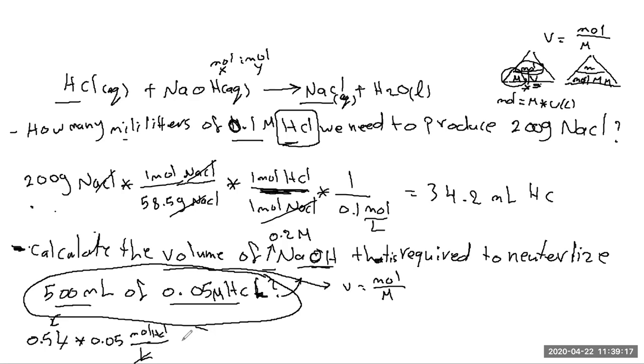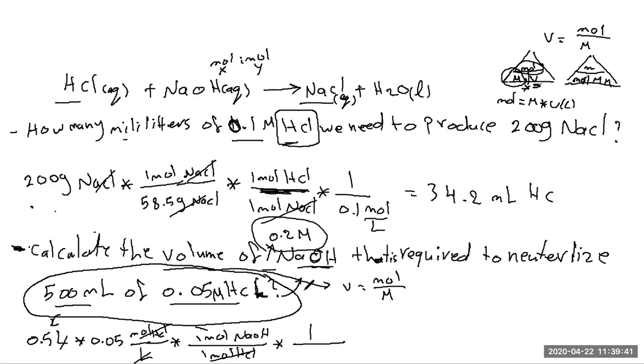Cancel liter with liter. Now we will use the mole to mole ratio, which is 1 mole NaOH divided by 1 mole HCl. Cancel mole HCl with this one. Now I have the mole, times 1 divided by molarity.